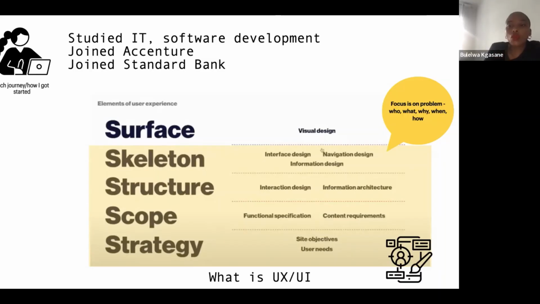UI is more visual design and what other people would refer to as graphic design. But I think in our space, it goes beyond just graphic design. It really has to be well thought out, and it has to talk to the needs of the user that we're trying to solve the problem for, but also talks to the brand of the company, the voice and language of the company. So many things go into it.